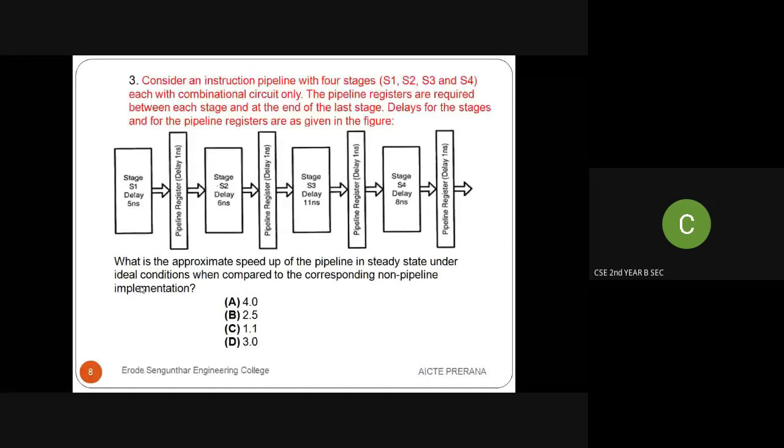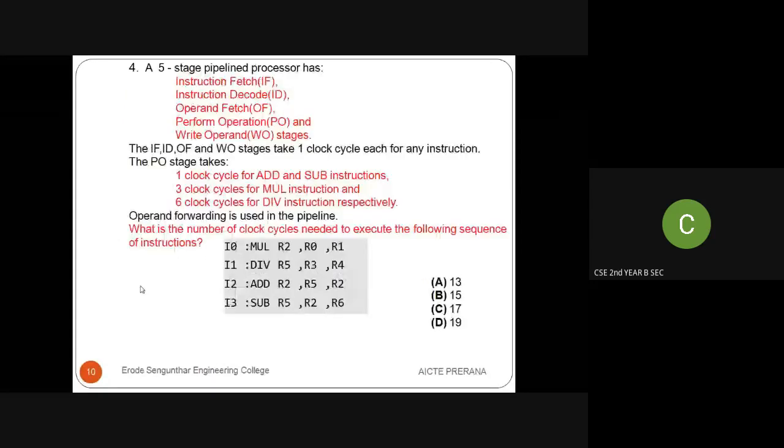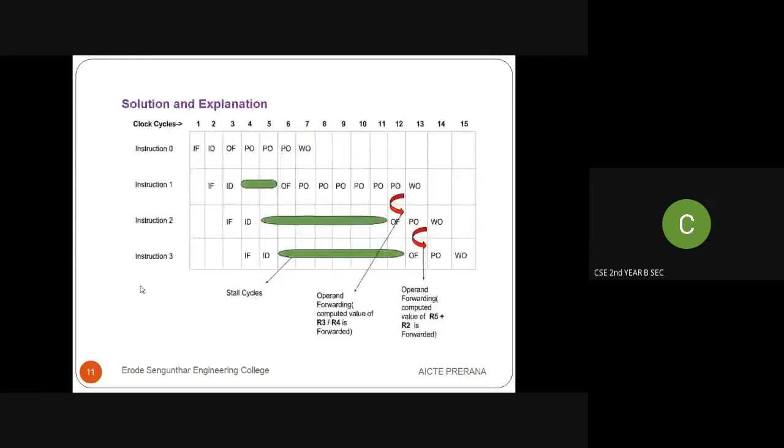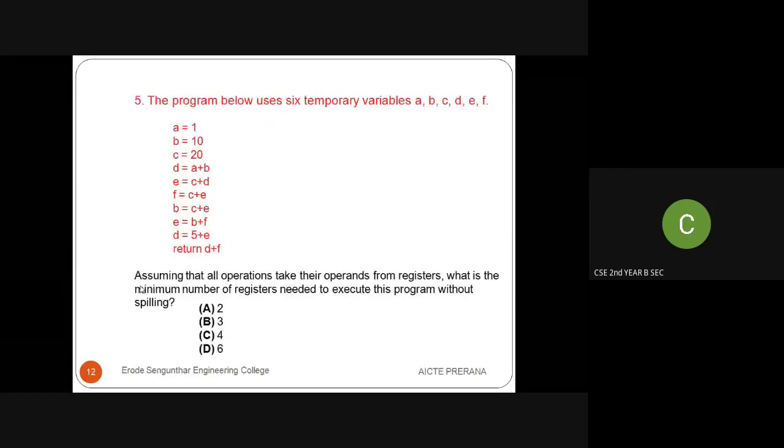The fourth topic was analyzing the number of clock cycles needed for a sequence of instructions. Last, we discussed register allocation: how can we allocate registers for the current scenario of given instructions. These are all the basic instruction and pipelining related GATE questions we have discussed so far.